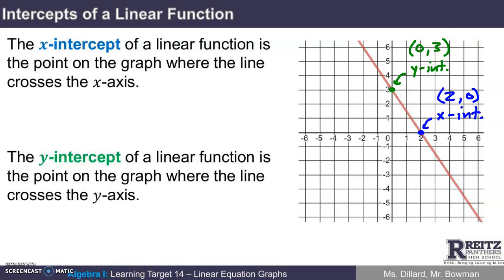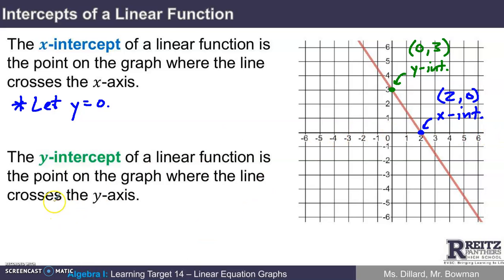And it's worth pointing out how you find these. The way to find the x-intercept is to let y equal 0. The x-intercept is the x value when y equals 0. And that's because y equals 0 is another way to say the x-axis.